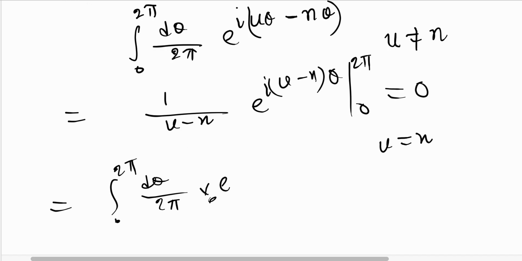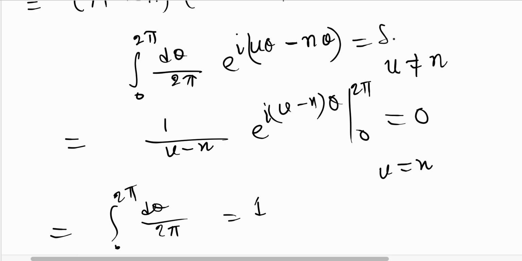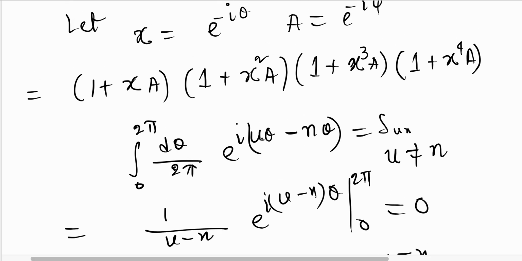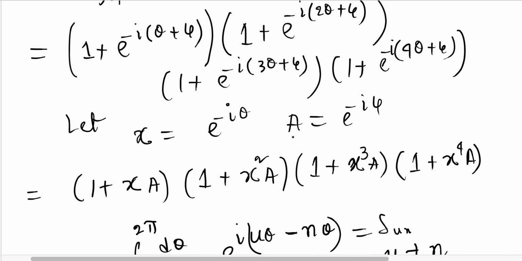So this is nothing but a Kronecker delta function, and similarly for phi also. So we will use this property, that's why I am proving this. So you can see here that we can express these terms in terms of a series of xa.